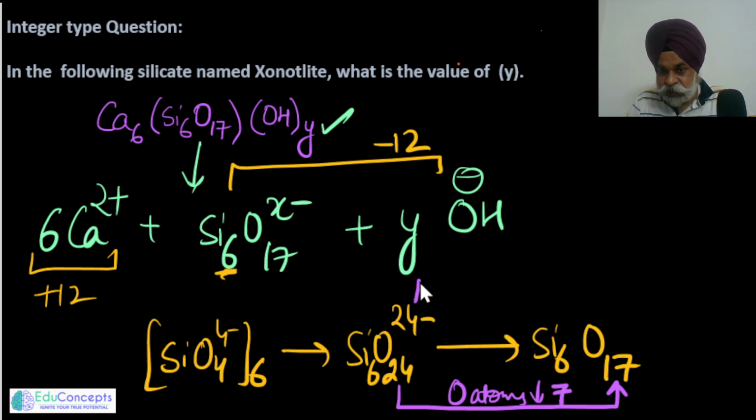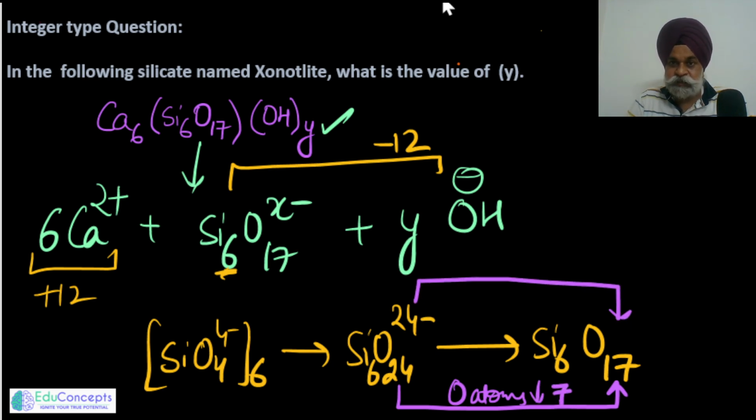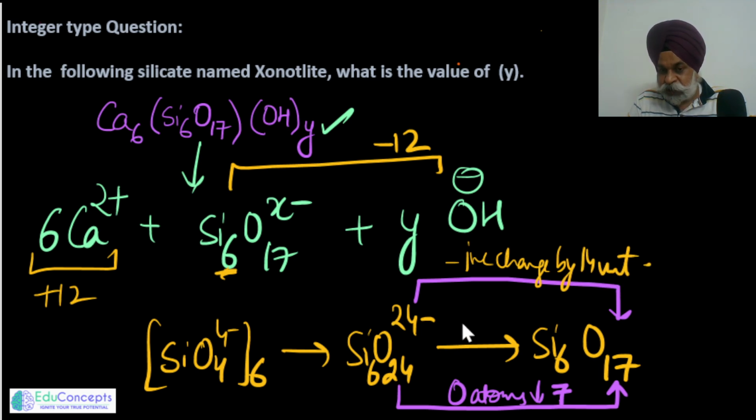So that means the negative charge must have decreased by 14 units. So 24 minus 14 would be how much? It would be minus 10.